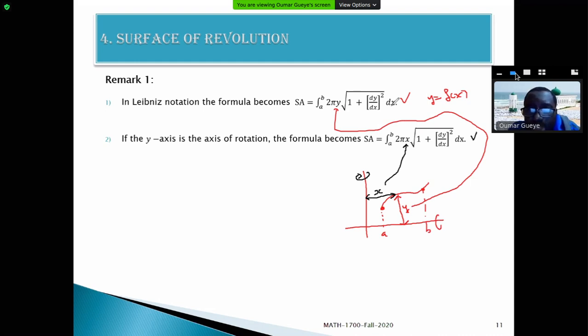As soon as your function is in terms of x, the derivative under the square root should be calculated with respect to x, and the integral should be calculated with respect to x. That's why we get dx.